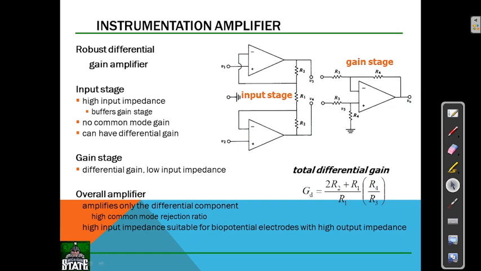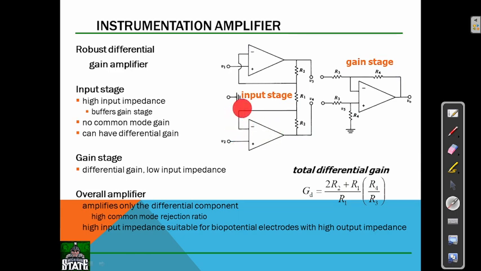Then the instrumentation amplifier. See, this is the block diagram of the instrumentation amplifier, which is a robust differential gain amplifier. We have two voltages here, voltage 1 and voltage 2.